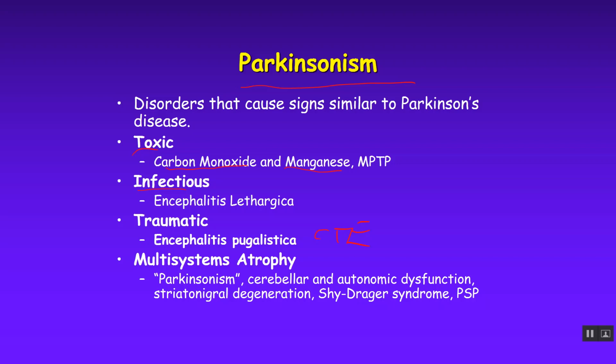Then the multi-systems atrophy I mentioned, these are all Parkinsonisms. These will often have some combination of more cerebellar and autonomic dysfunction in addition to the striatonigral degeneration. This is the Parkinson's part. There's a list of probably 25 of these multi-systems atrophy degenerative diseases that have some form of Parkinson's. There's a lot of them, believe it or not.